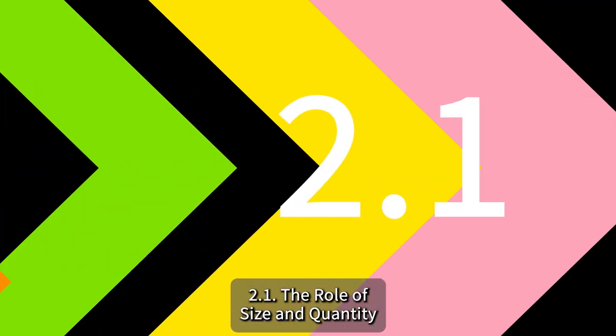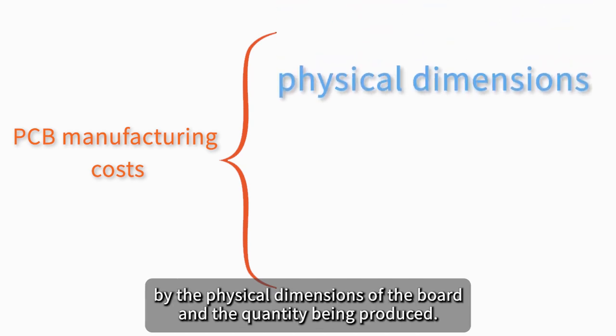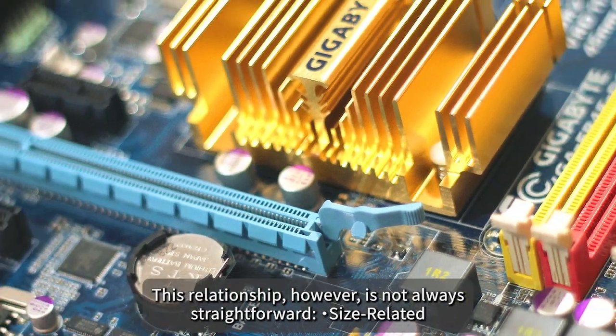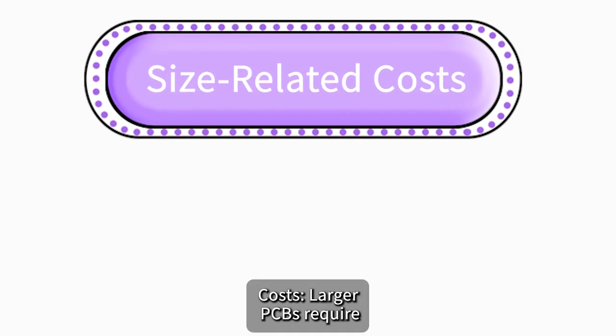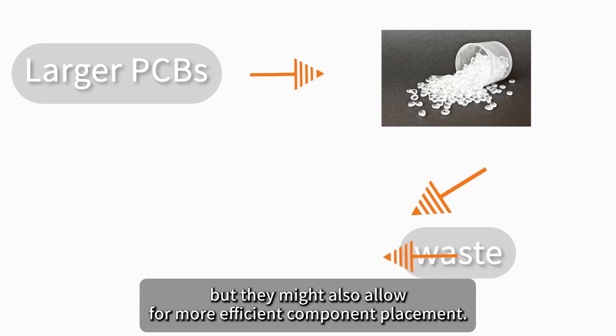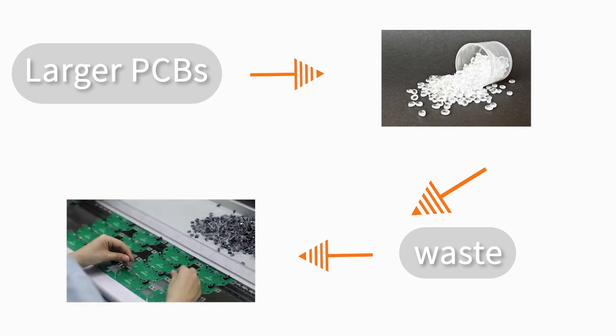2.1. The role of size and quantity. PCB manufacturing costs are significantly influenced by the physical dimensions of the board and the quantity being produced. This relationship, however, is not always straightforward. Size-related costs. Larger PCBs require more materials and often lead to increased waste, but they might also allow for more efficient component placement.